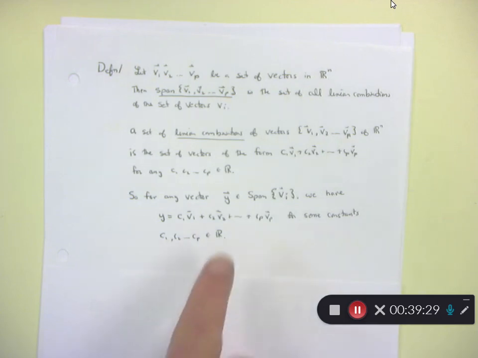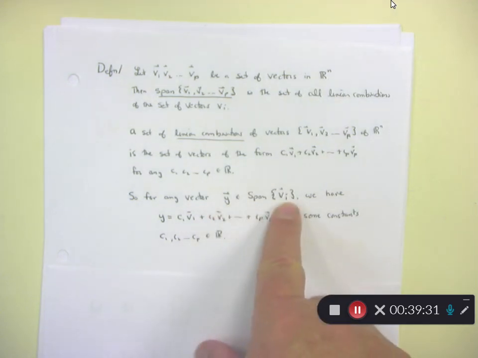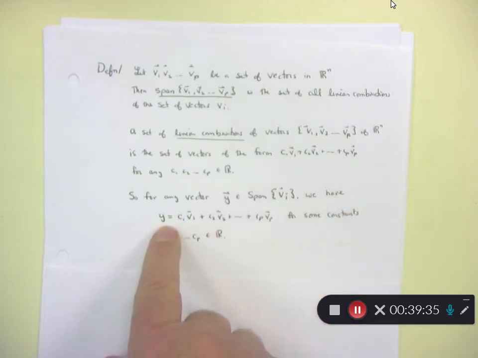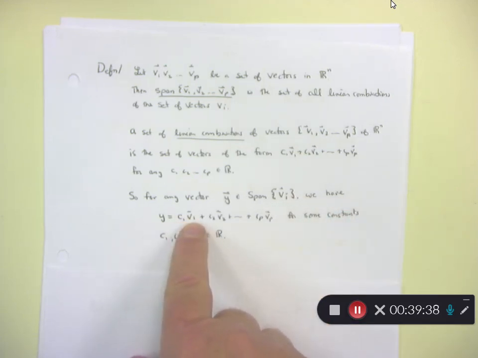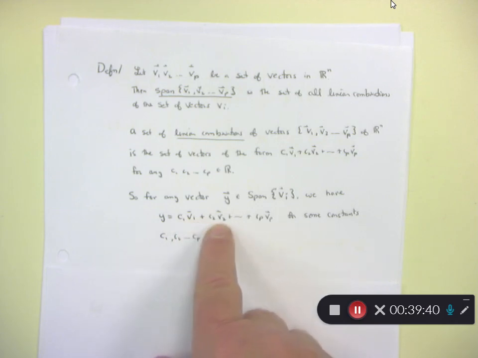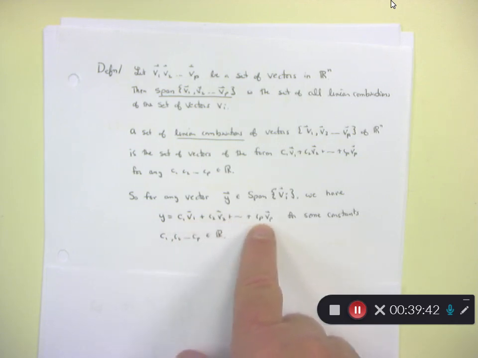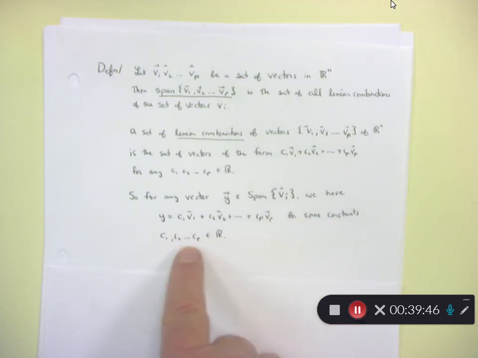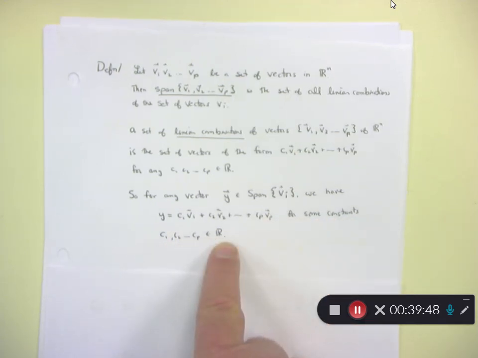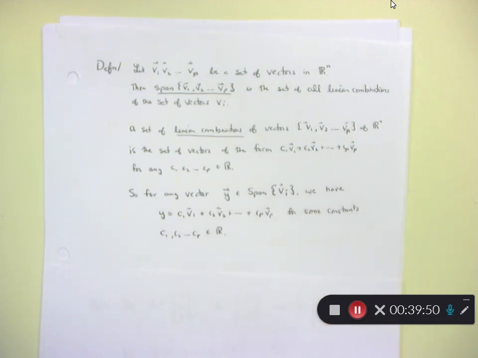For any vector y that's in the span of a set of vectors vi, there are some constants: c1 times vector v1 plus c2 times vector v2 plus ... plus cp times vector vp for some constants c1 through cp, elements of real numbers. That's what it means for a vector to be in the span of a set of vectors, okay? There exists a linear combination.